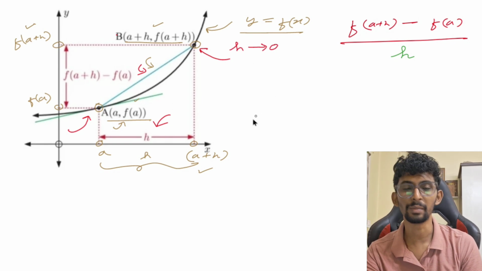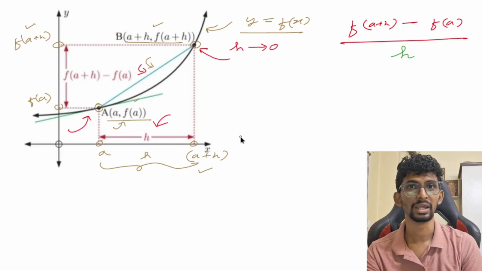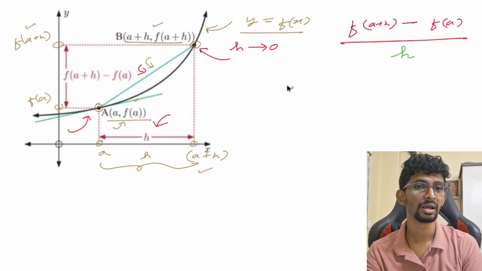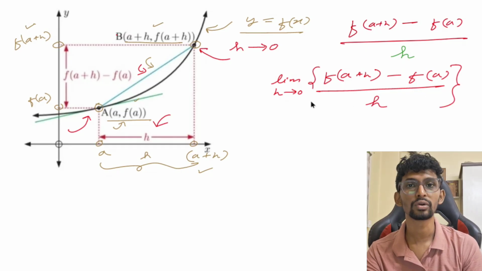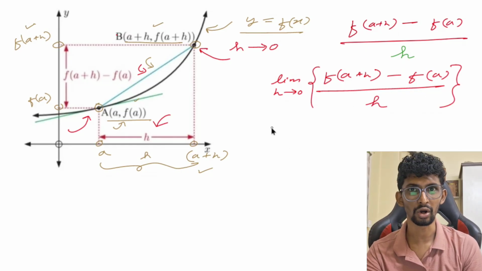That means we will use a limit here. So if we do that, the slope of this tangent will be limit of h tends to 0 of f of a plus h minus f of a divided by h. Clear? If there is any doubt, you can ask me in the comment box.